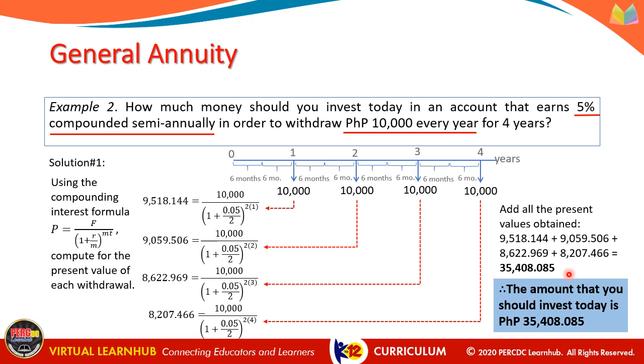So the amount that you should invest today is 35,000 pesos and 408.085. That's 35,408.085. That's the amount of investment you need so that you can withdraw 10,000 pesos every year for 4 years.